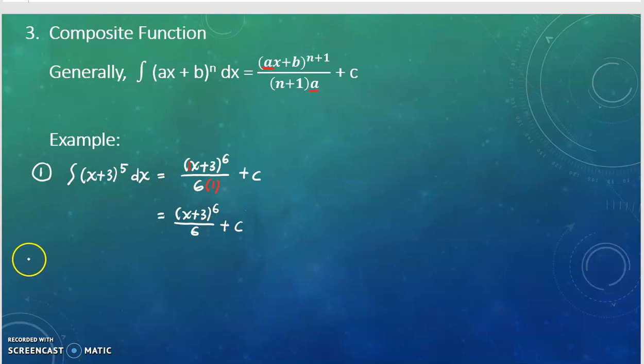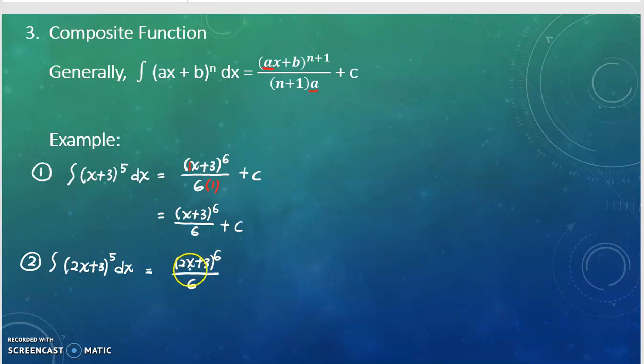Let us move on to the second example, more or less the same. Now integration of (2x + 3) to the power of 5. Now the coefficient of x, before this was x, now becomes 2x. So the integration will be (2x + 3) to the power of 6, raising the index by 1, over 6.